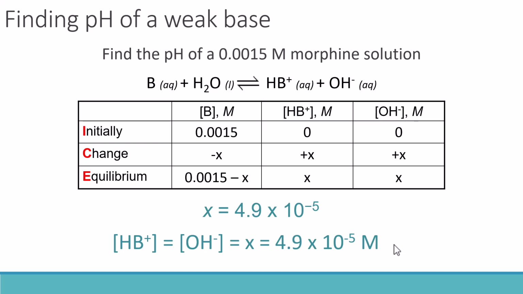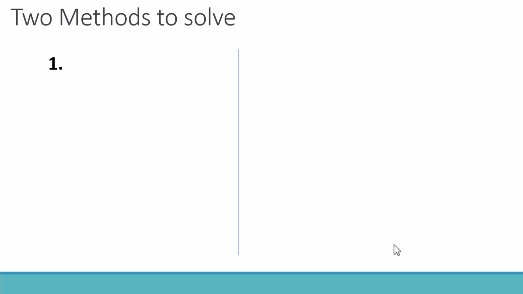Now that we have the hydroxide concentration, we want to get to pH. And as we saw before, there's going to be two paths to get there. So the first path, and likely the one that I think you guys will take, is as follows.